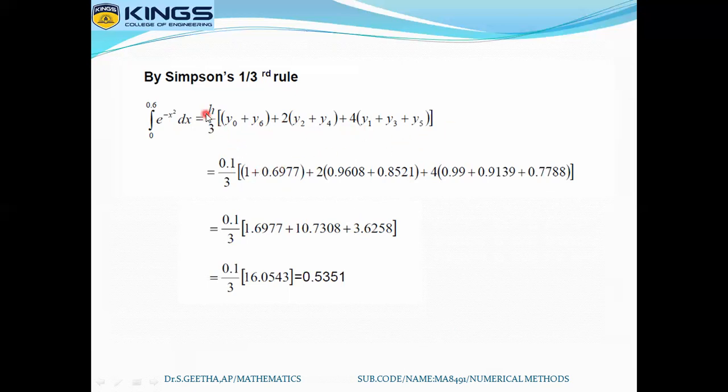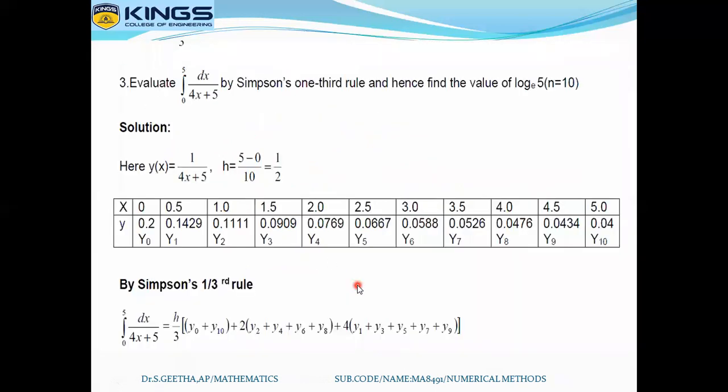Now, we replace the value of h, which is 0.1 by 3, into y0 is 1, y6 is 0.6977, plus 2 times y2 and y4, plus 4 into the values of y1, y3 and y5. By using a calculator, we have attained the value of this integral, which is equal to 0.5351.